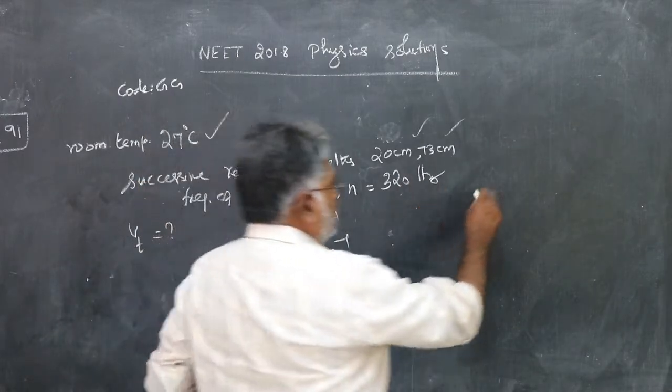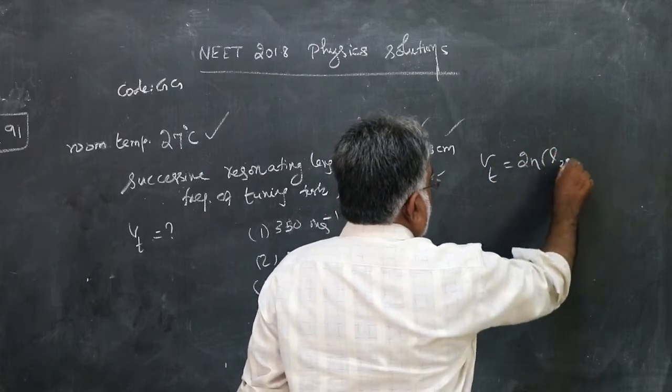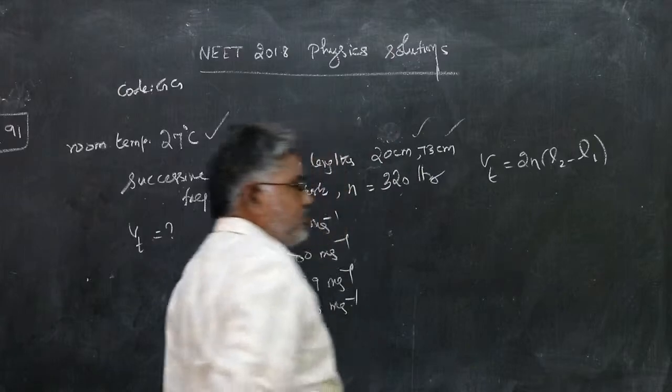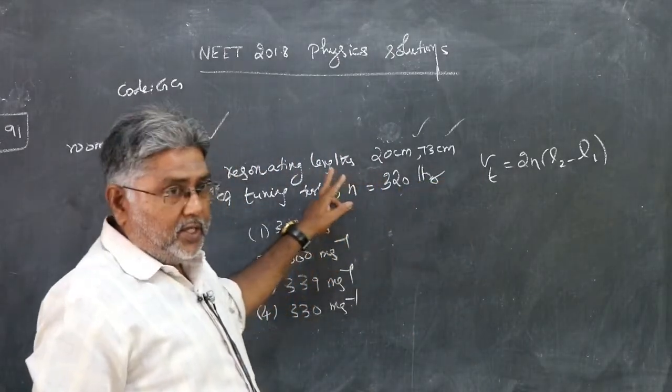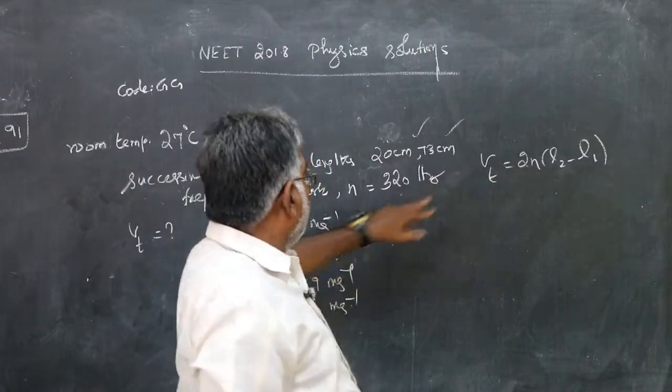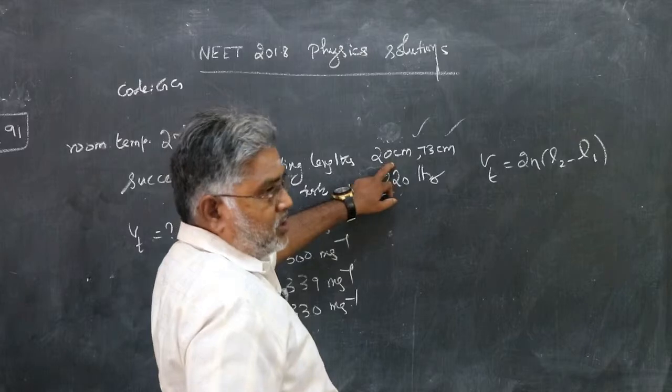The formula is this: V sub t is 2n into (L2 minus L1). V subscript t, t is the room temperature which is 27 degrees C, n is the frequency of the tuning fork which is 320 Hertz, L2 is 73, L1 is 20.